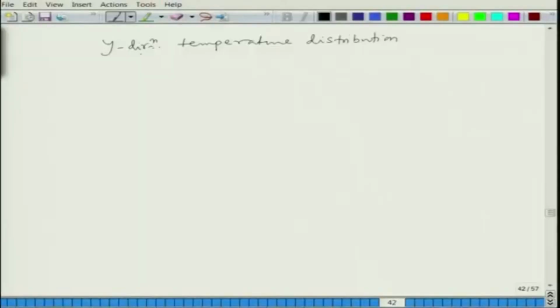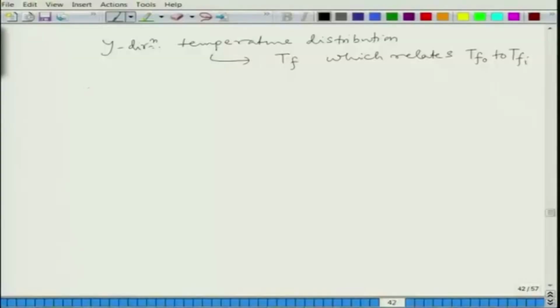This y direction temperature distribution gives us a functional form of TF, which relates the outlet fluid temperature TFO to the inlet fluid temperature TFI. This is the expression that we derived in the last lecture.